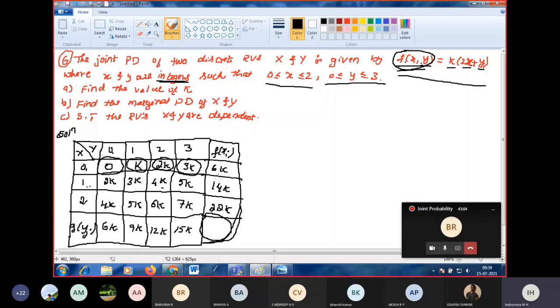So this cell value, how to get the cell value? By adding these marginal values, correct? And now 6k plus 14k plus 12k, 42k. So it should be equal to the sum of these values also. Check it now. 6k plus 9k plus 12k plus 15k.